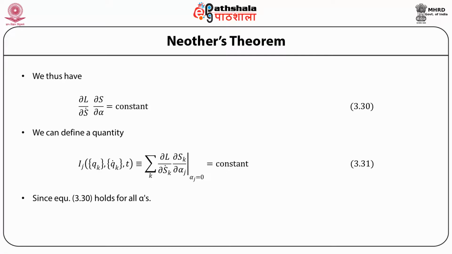Because our equation, namely ∂L/∂Ṡ into ∂S/∂α is equal to constant, holds for all α. Therefore, this quantity Iⱼ defined in this form is a constant, and this is the celebrated Noether's theorem.